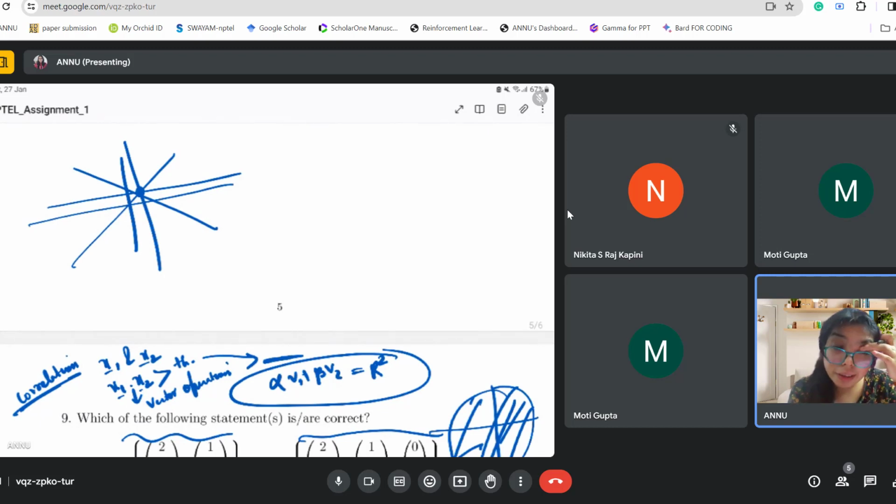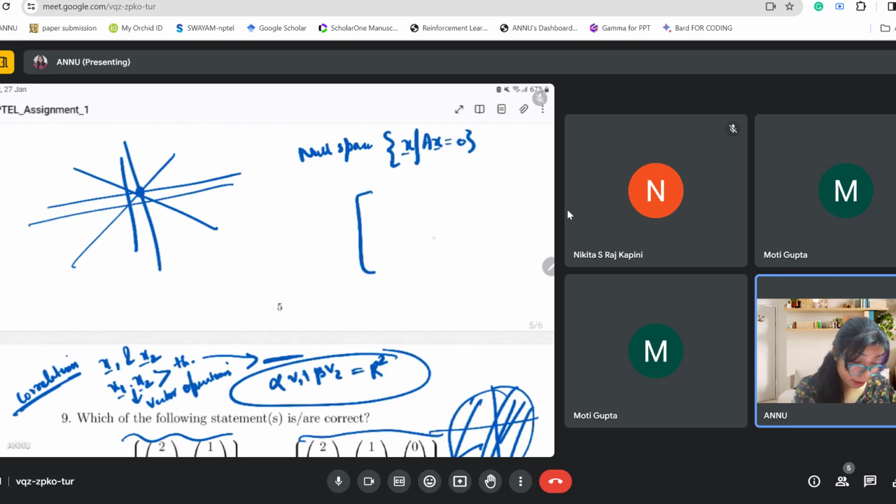Null space is also one of the examples of a vector space. Null space is defined by Ax equals 0, the set of all x such that Ax equals 0, where A is 1, 2, 3, 4, 5, 6, 7, 8, 9, and x is x1, x2, x3, equal to 0.